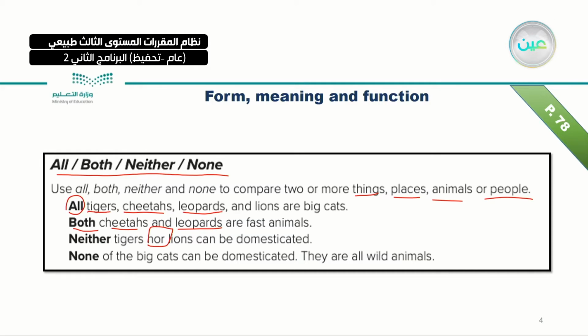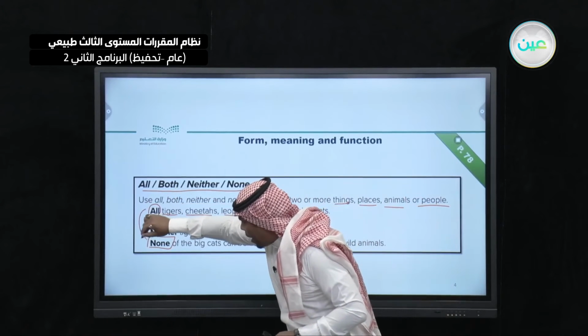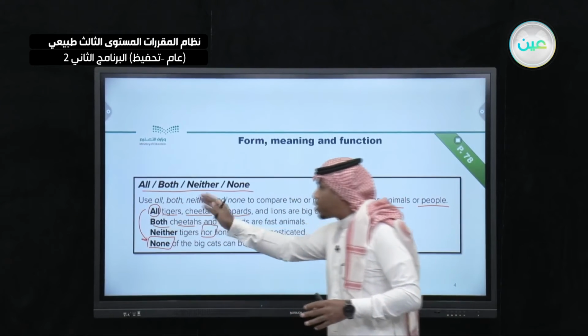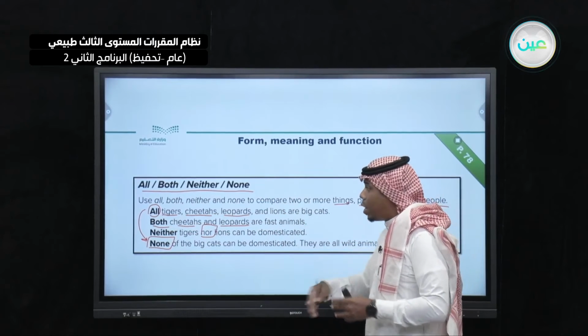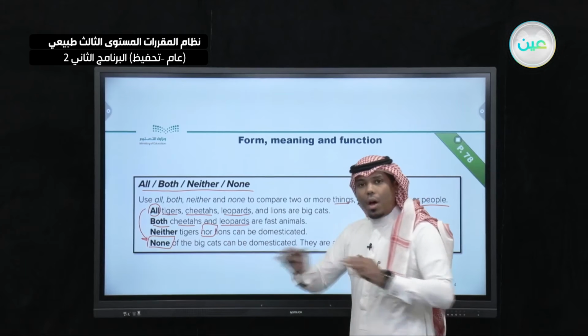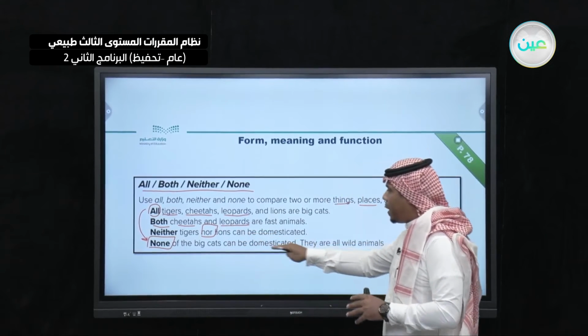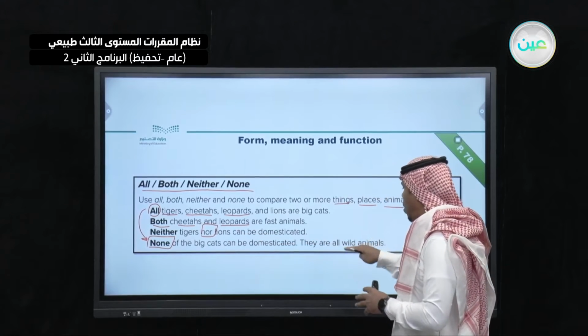And finally, none. The word none here describes the negative of all. For example, all tigers, cheetahs, leopards, and lions, when you compare many things. But when I use none, it means that none of the big cats can be domesticated. They are all wild animals.